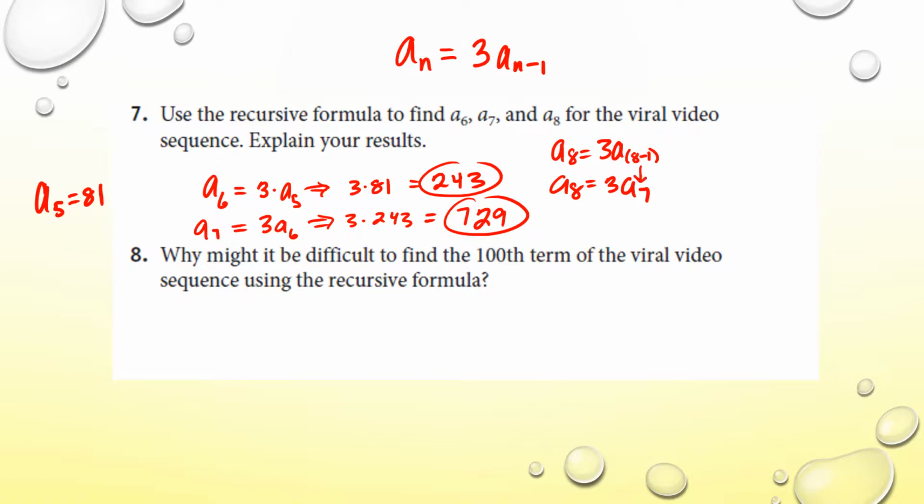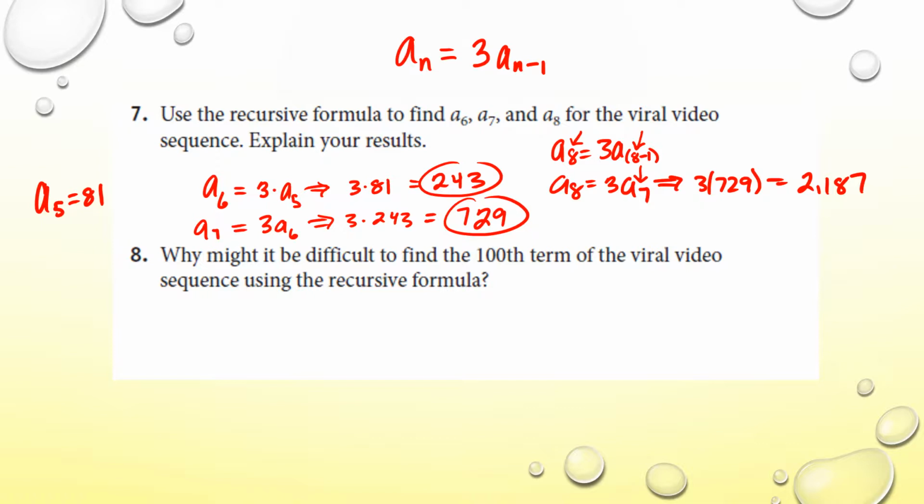So this is n, and so this is n minus 1. So in order to find the 8th term, we have to multiply 3 by the one before it. So that's going to give us 3 times 729, which is 2,187.